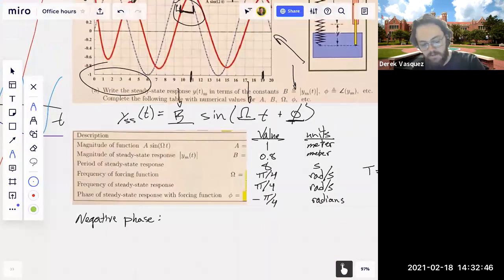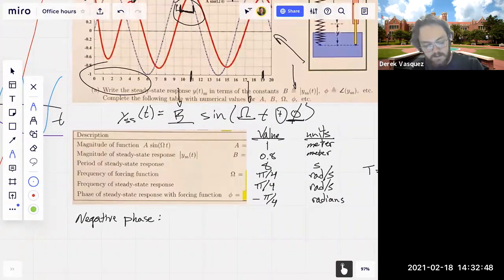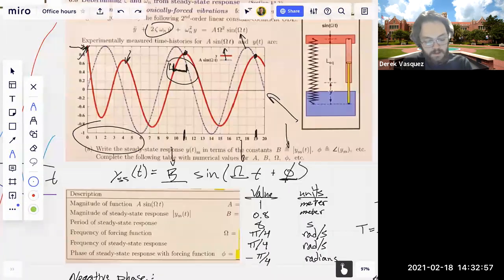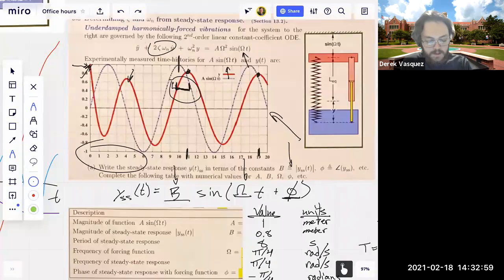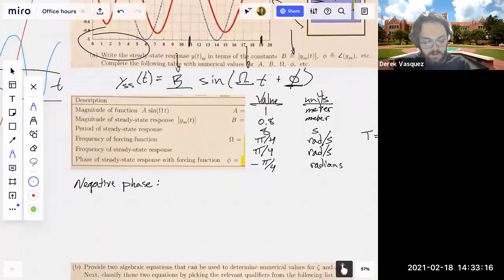So this one actually does not have that. There is a positive sign right there, but you are right that negative phase means you're lagging, and that's because at time, so we'll say time t equals 10, we have a peak in the forcing function, and the associated peak in the response doesn't come until time t equals 11 here. And so we do have a negative phase angle, and so we lag behind the forcing function.